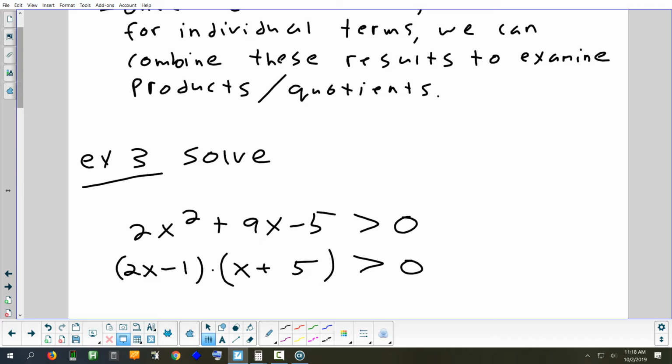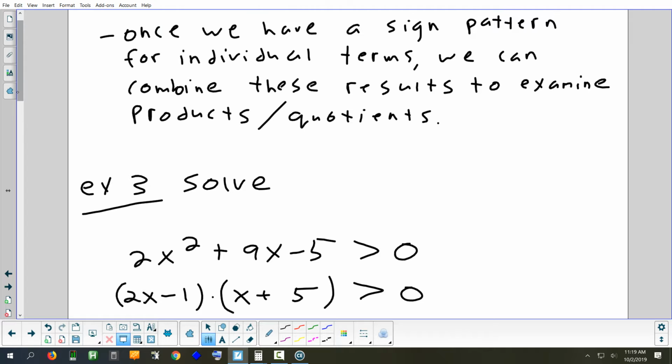So we're going to multiply them together. Okay, and I'll show you how that's going to look. So combine your results into a single number line.